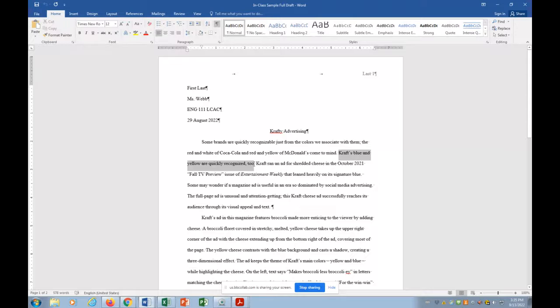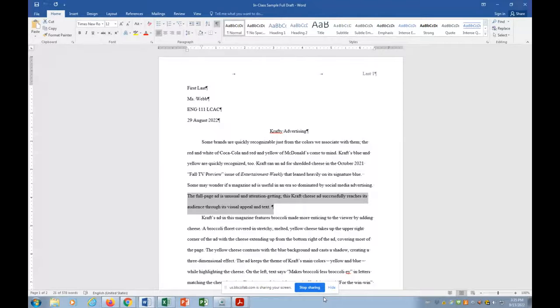So from there, I transitioned into the ad and what it's for, where that ad was published, carried in that idea of the color, and then this question of, is a magazine ad really useful now? And then I transitioned into the thesis statement that addresses the categories that were really important in the analysis.